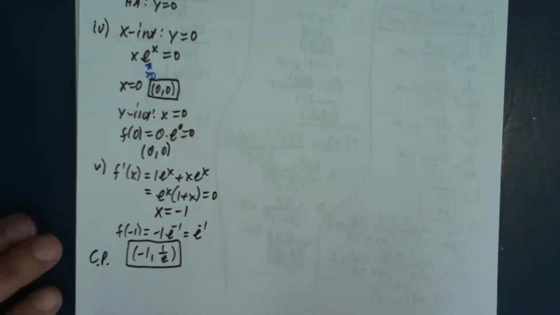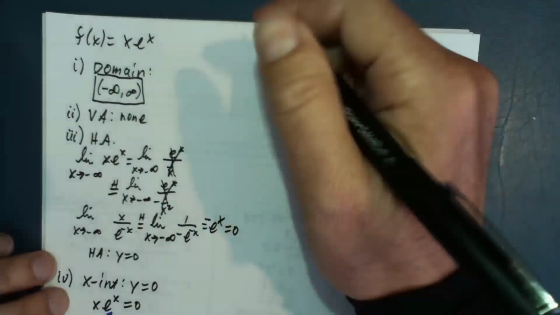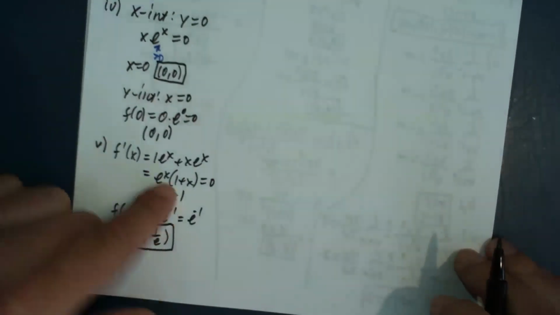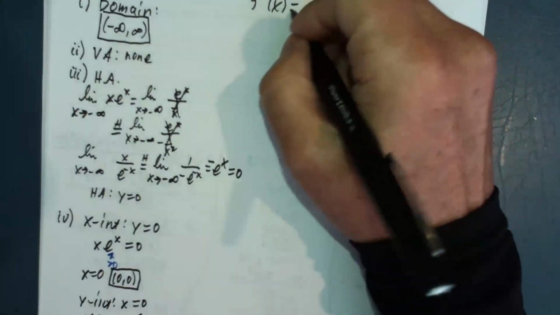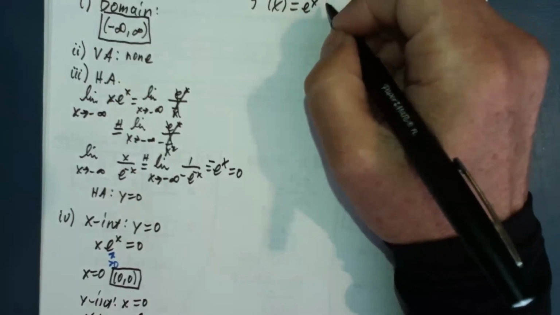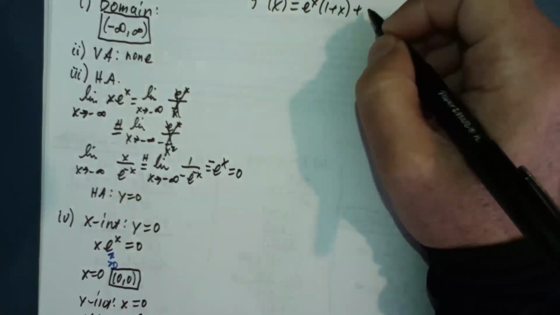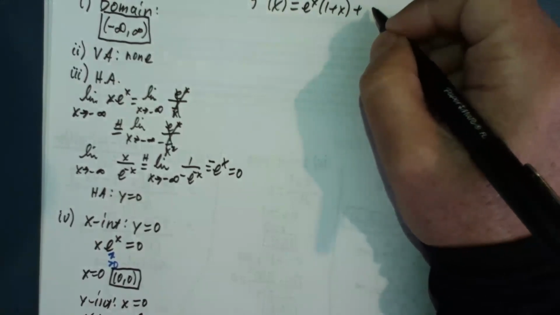Let's do f double prime. We'll go back up here. And I'm going to be using this as my first derivative. So it's going to be product rule. So this is going to be e to the x times 1 plus x plus e to the x times 1, technically.